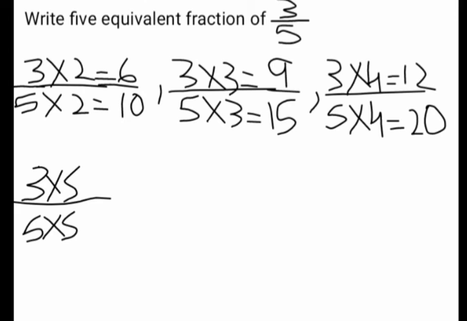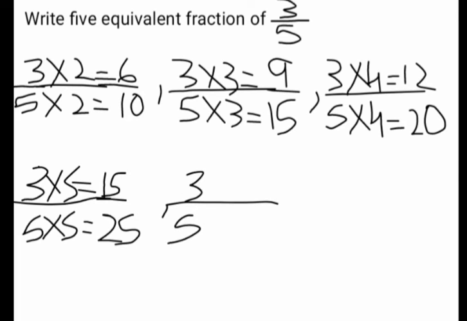We will take 5, which will be 15 and 25. And the fifth one we will take, that is 6. 18, 30. Now what will be the answer?